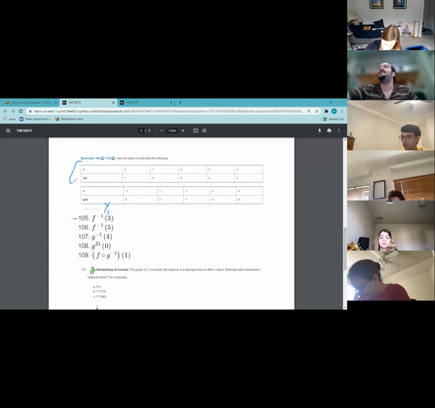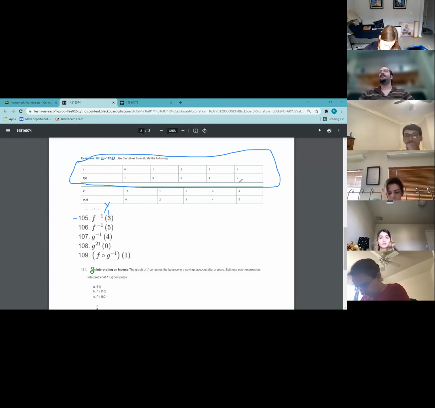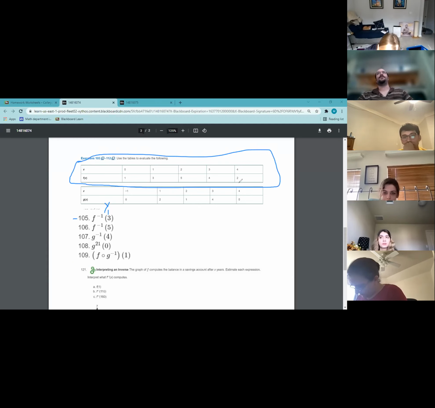This thing gives me my f of x, so I'm in this table, where my y value is equal to 3. Where do you see that? The second one, when the x value is 1. Yep, and so this one is 1. That's it.